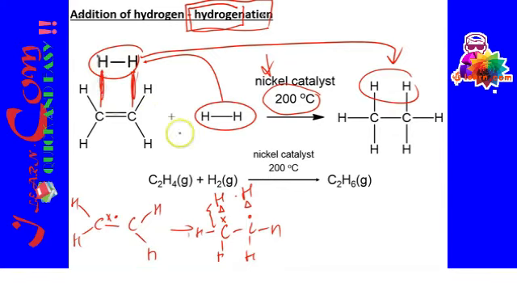So this is the structural formula equation, and this is the molecular formula equation. Depending on the question, you can write either one. So long as it has a double bond, it will add across the double bond.